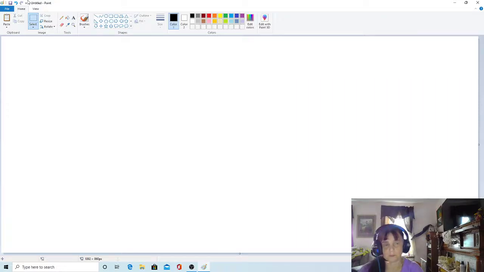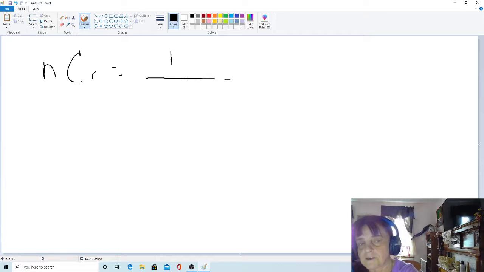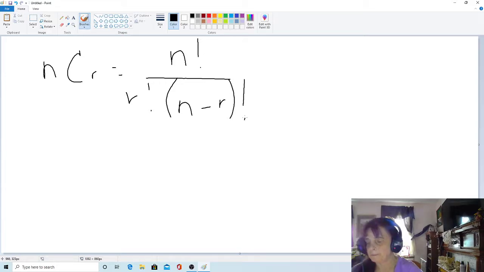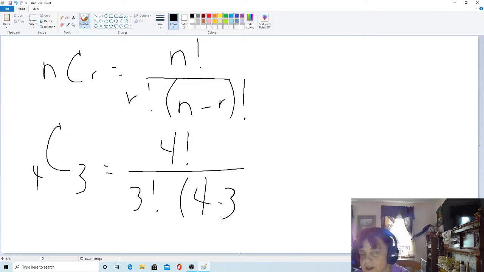Now, a combination formula, nCr, is n factorial over r factorial times n minus r factorial. So if you have 4 things and you want to pick 3, by this formula, that's 4 factorial over 3 factorial times 4 minus 3 factorial.